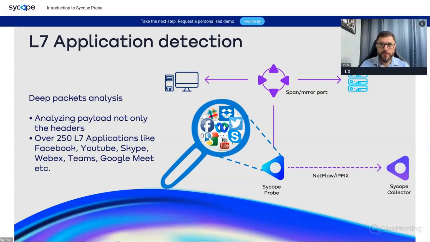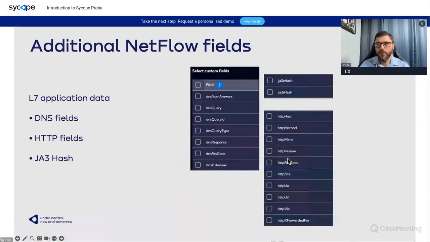I wrote that we can detect over 250 applications, but it's almost 300, like 290-something. So it's almost 300 applications which we can detect and tell that it is an application like this.